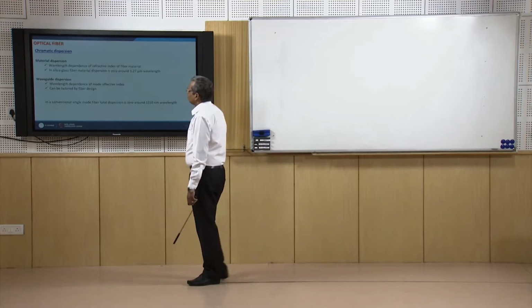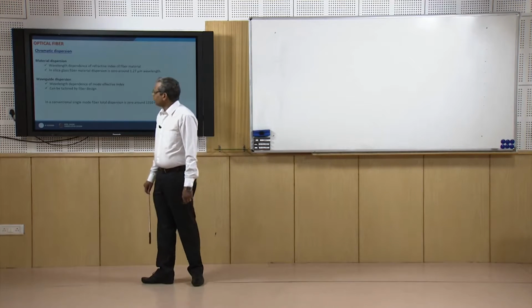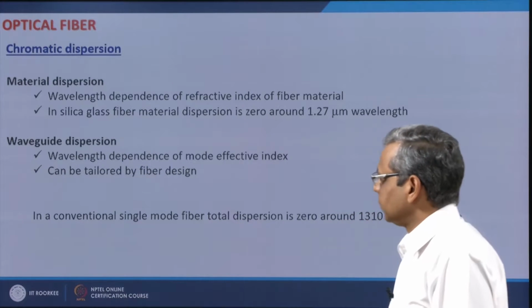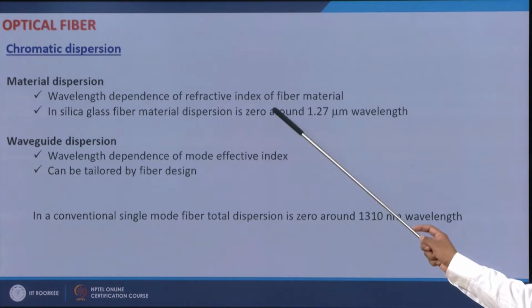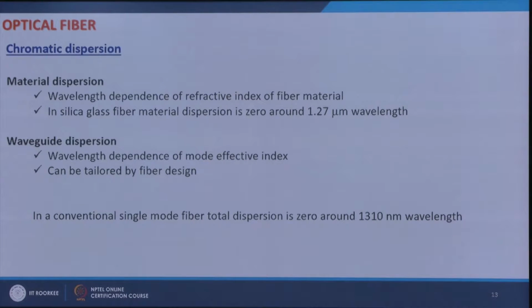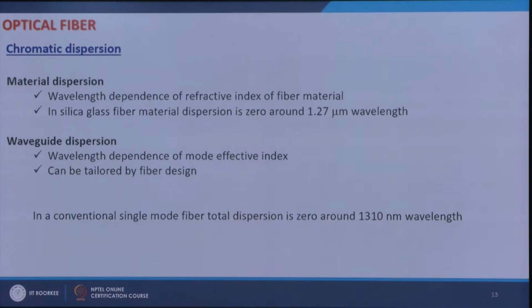Another dispersion is chromatic dispersion, which has two components: material dispersion and waveguide dispersion. Material dispersion is nothing but the wavelength dependence of refractive index of the fiber material. In silica glass fiber, material dispersion is 0 around 1.27 micrometer wavelength.